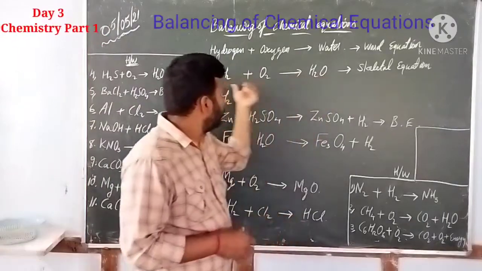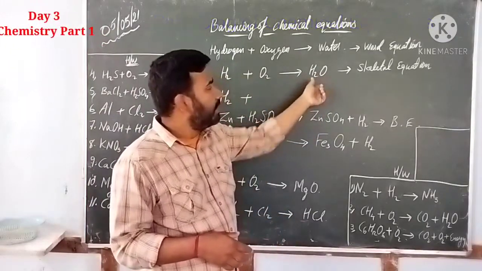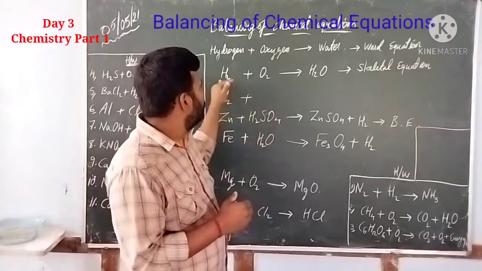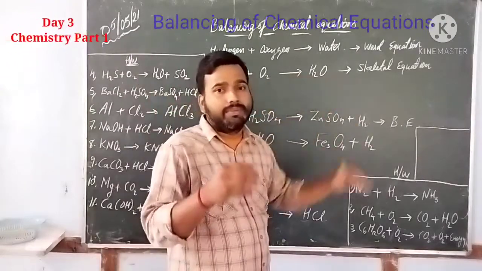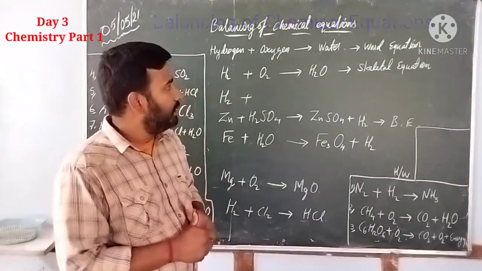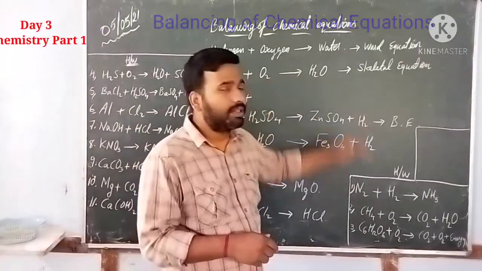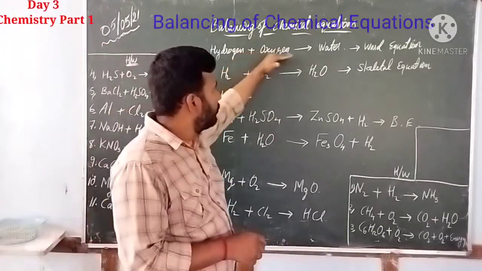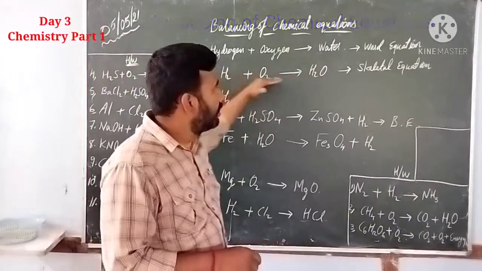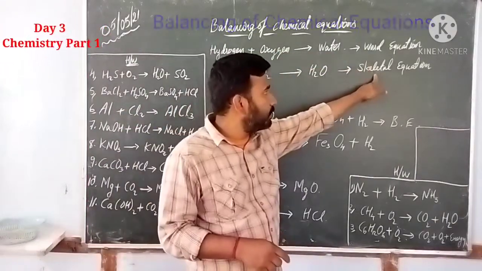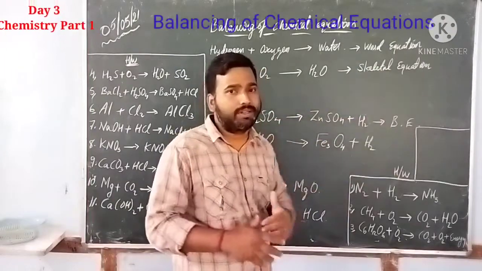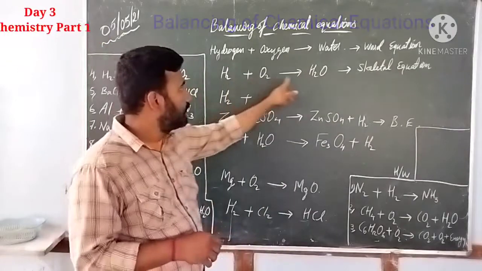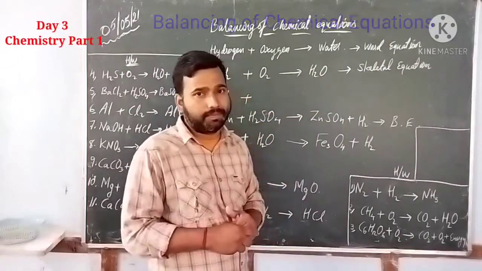Such an equation, written using symbols of elements and compounds, is called a chemical equation. This one is called a word equation, and this is called a chemical equation, also known as a skeletal equation.